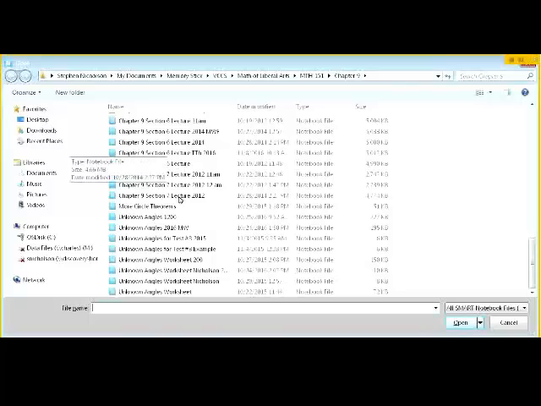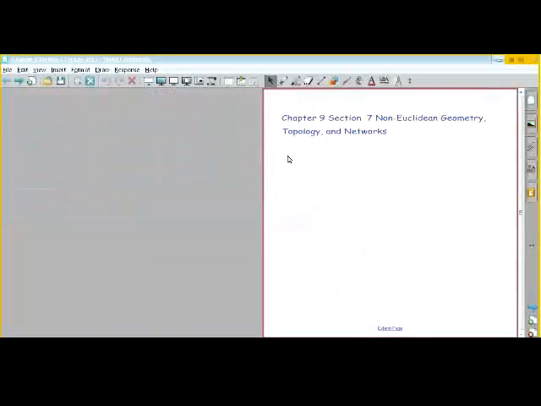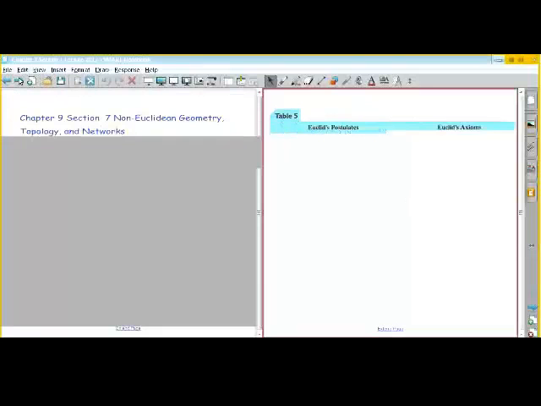And the final thing we're going to talk about in Section 9 is Section 7. So there are other topics in geometry that you may not have talked about: non-Euclidean geometry, topology, and networks.